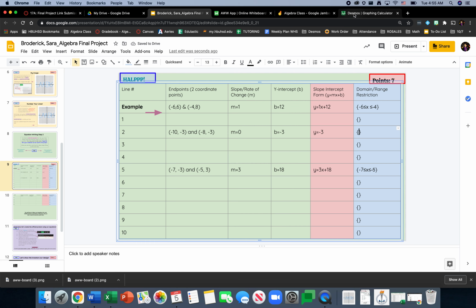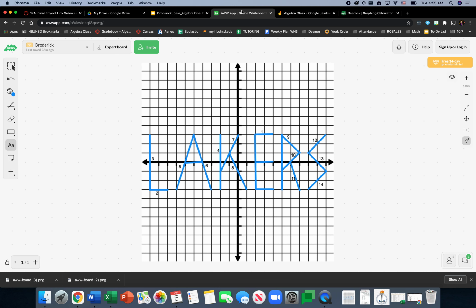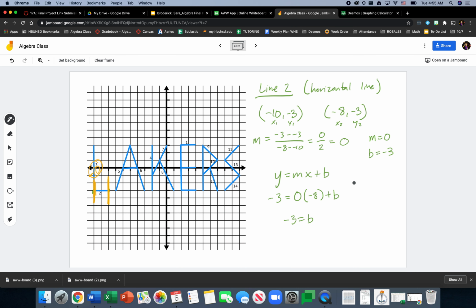Okay, and now the restriction. This line only goes from here to here. Sorry, folks, I'm on the wrong one.